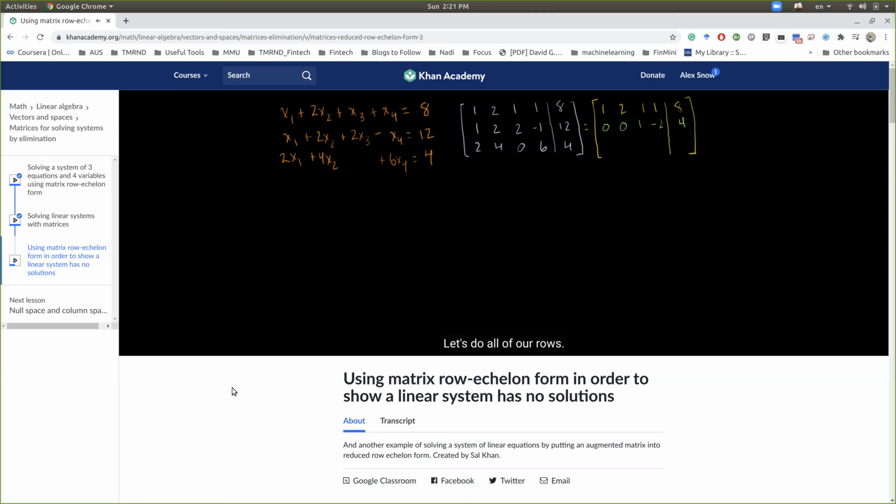Let's do all of our rows. To get rid of this guy right here, let's replace our third equation with our third equation minus 2 times our first equation.